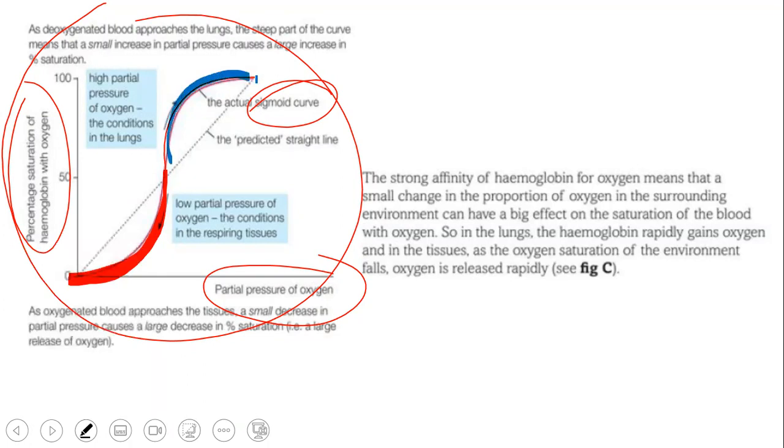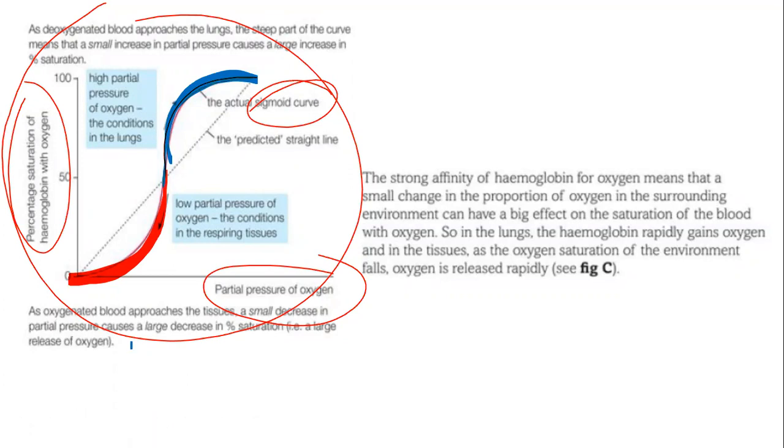And when the partial pressure is high, the percentage saturation of hemoglobin is going to be much higher.